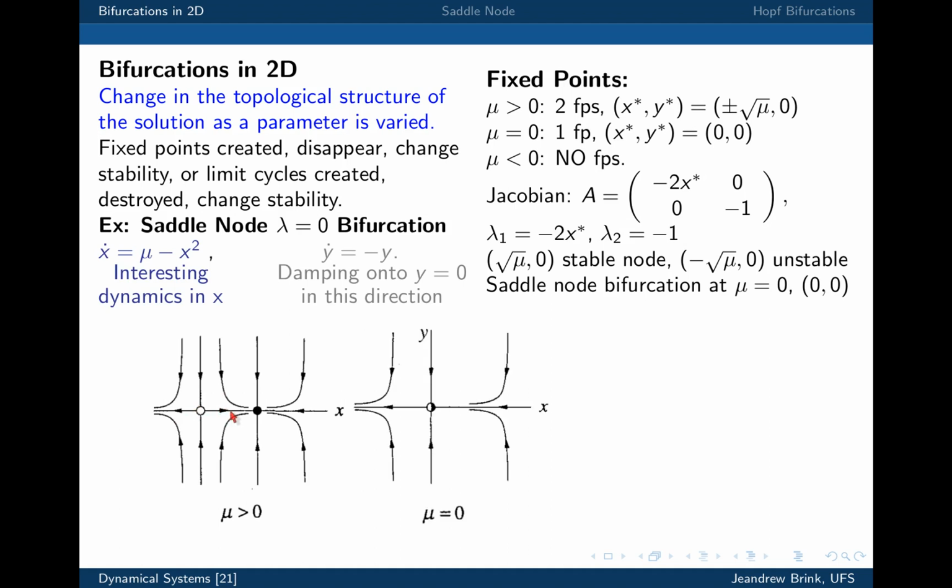Okay, if mu equals 0, you have to be slightly more careful with the analysis because you no longer have a linear system, so you don't work out the eigenvalues. But what you have is something that looks like a semi-stable fixed point, right? Because there you can just draw in the arrows. You have x decreasing to here, it gets to 0, but then it continues to decrease.